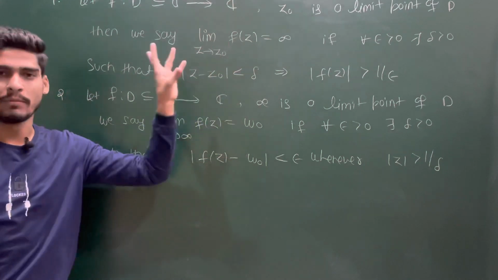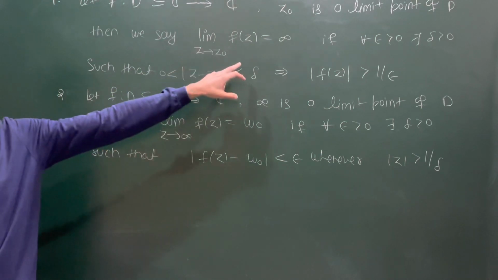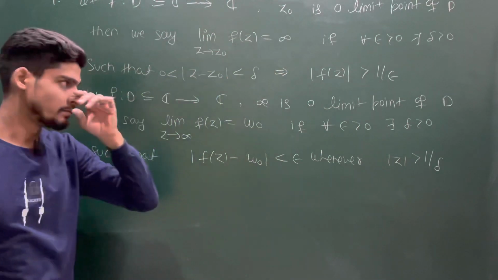And similarly, I can combine both these two definitions. That means I will assume the limit as z approaches infinity and the limit is infinity.